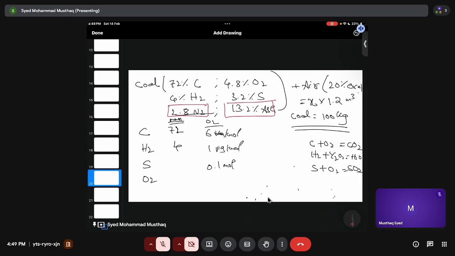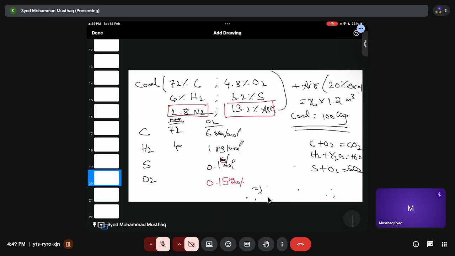It is 4.8, right? 4.8 means oxygen weight is 32, so it will be 0.15. So it will be 0.15 kg per mole. It is kg per mole. Okay.